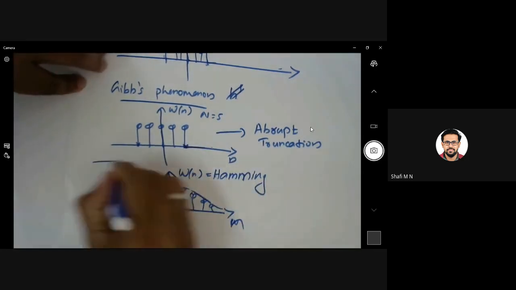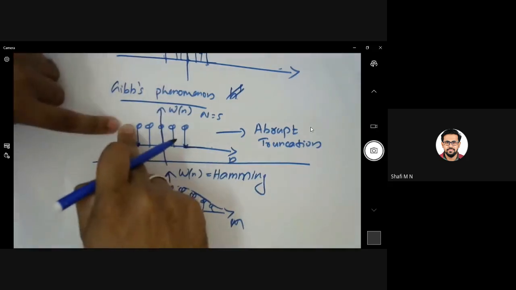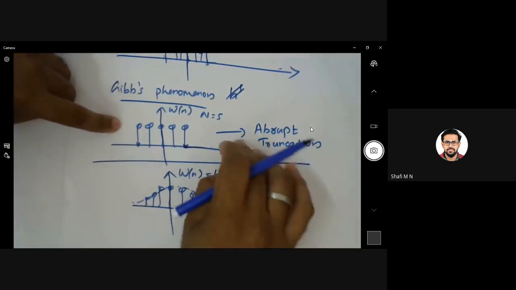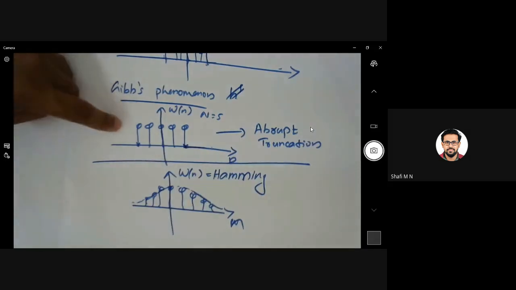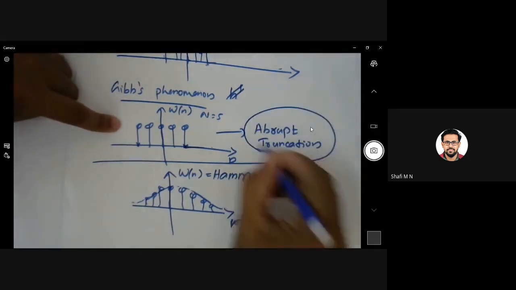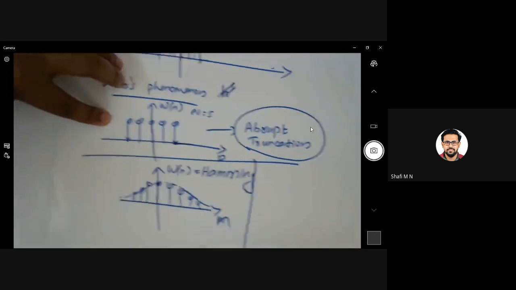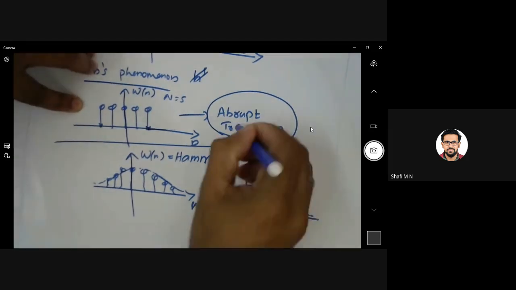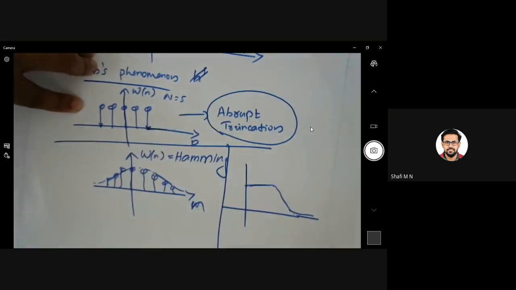So one problem with the rectangular window is that it has abrupt truncation. Now you may doubt what the problem with abrupt truncation is. If you observe the frequency response, for example, if you are designing a low pass filter something like this, and you use a rectangular window for the design, you will have ripples, or some oscillations, in your response.